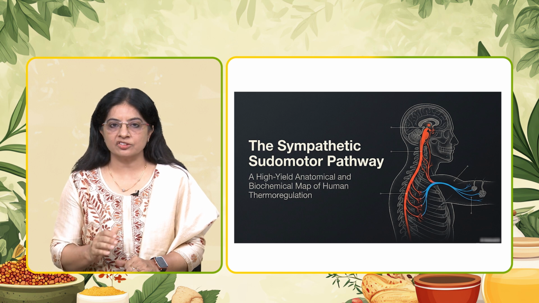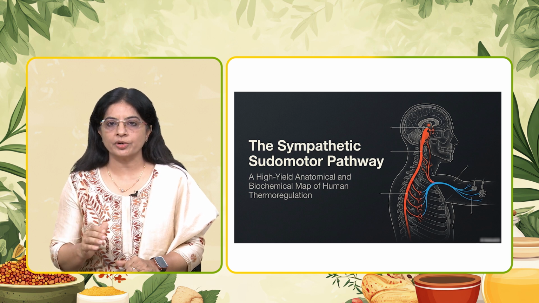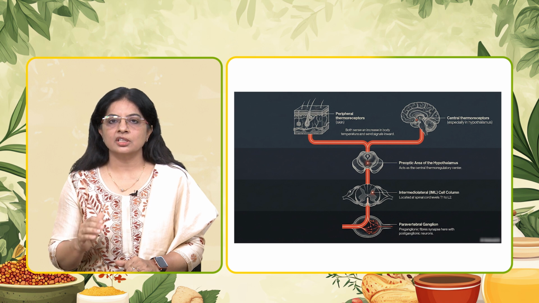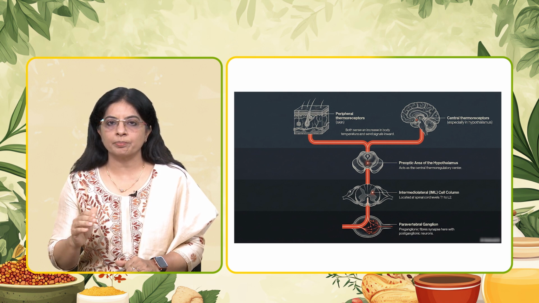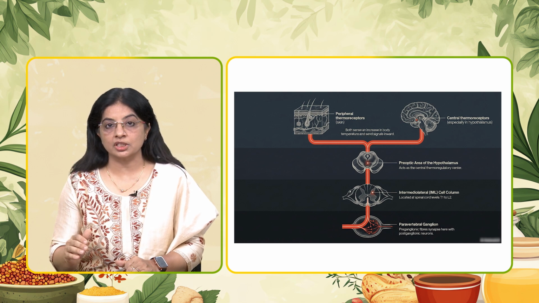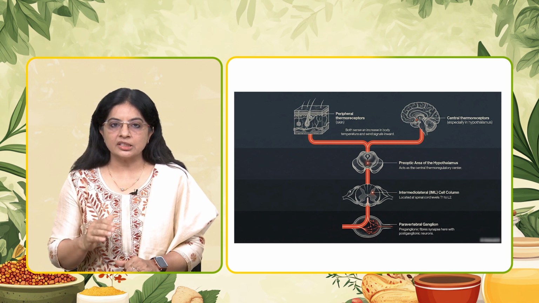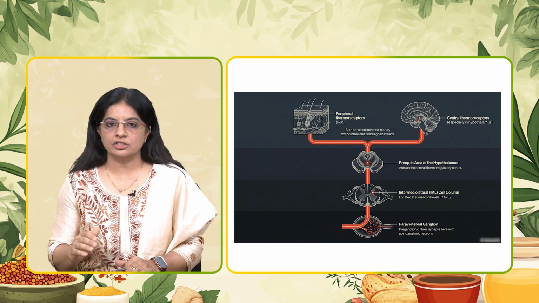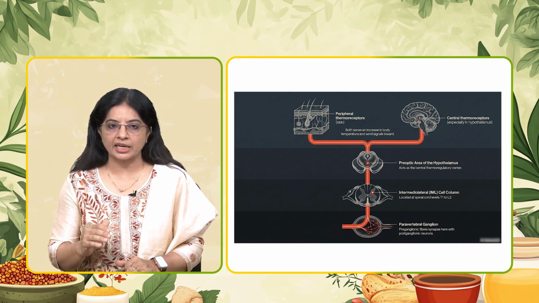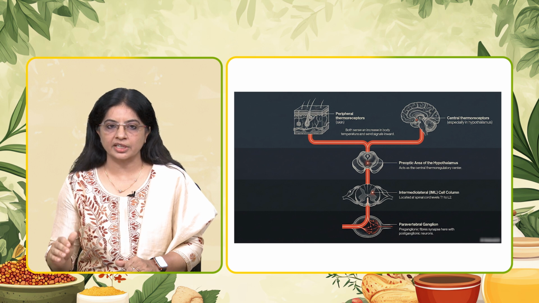Now, let us see how the sympathetic sudomotor pathway works. When body temperature increases, it is sensed by peripheral thermoreceptors which are present in the skin and central thermoreceptors especially in the hypothalamus. These signals are then processed by the preoptic area of the hypothalamus which acts as the thermoregulating center.